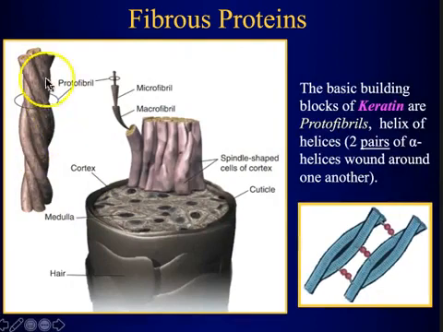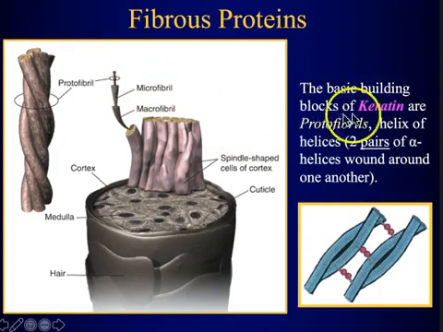Alright, so we take each strand of hair and we look inside. We're going to see that we've got the cortex around it, our cuticle, and the spindle-shaped cells of the cortex. And we look inside of there, we get our macrofibril, and inside of there, our microfibril.